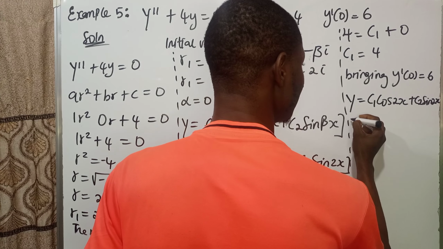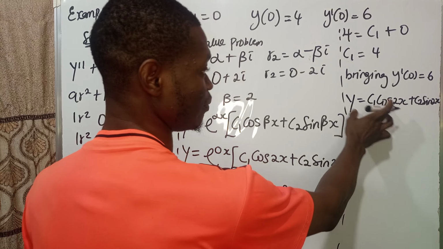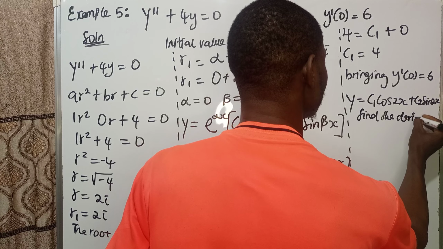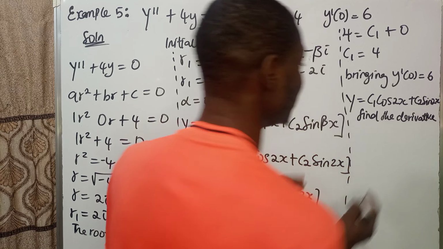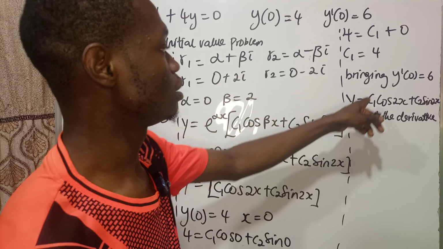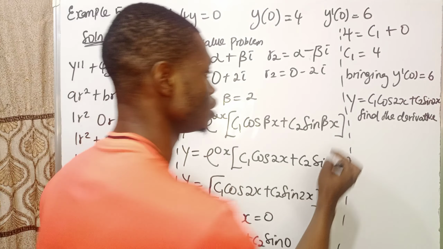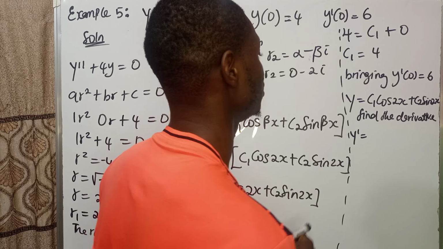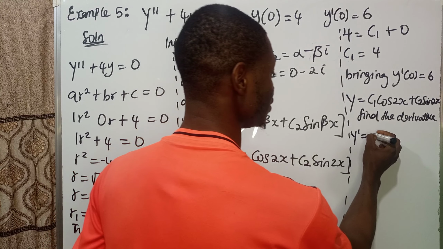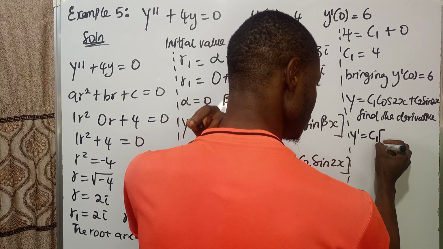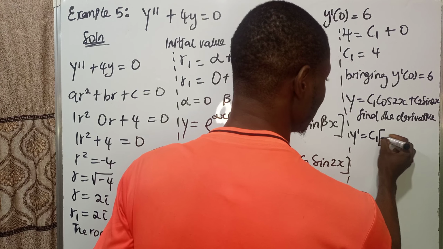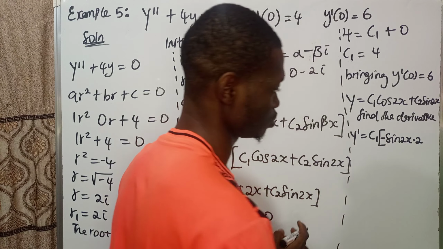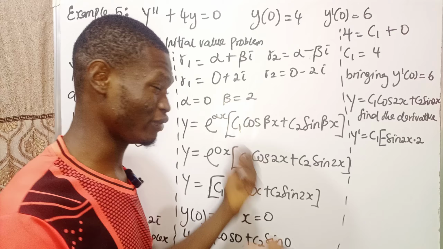Now find the derivative of this so that we can substitute. The y prime will now be the derivative of c1 cos 2x, which will be minus sine 2x times 2, using function of a function.